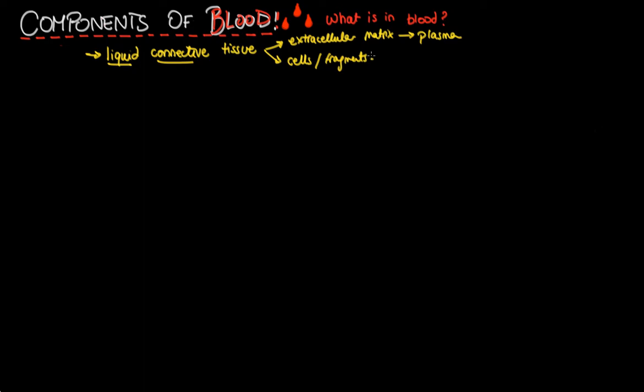Okay, so let's begin. To examine the components of blood, and in order to see the ratio of cells and fragments to plasma, what you can do is take a sample of blood, place it in a test tube, and then place it in a machine that we call a centrifuge machine.